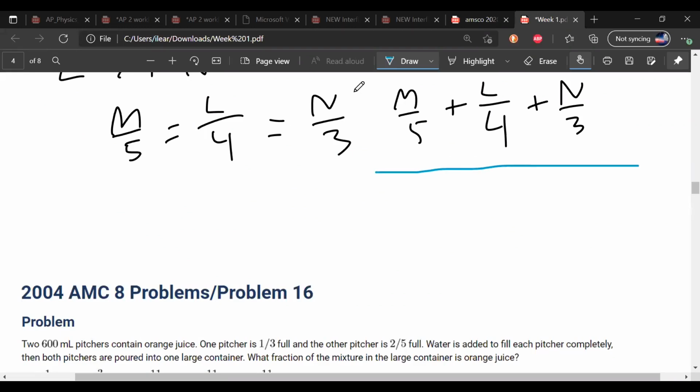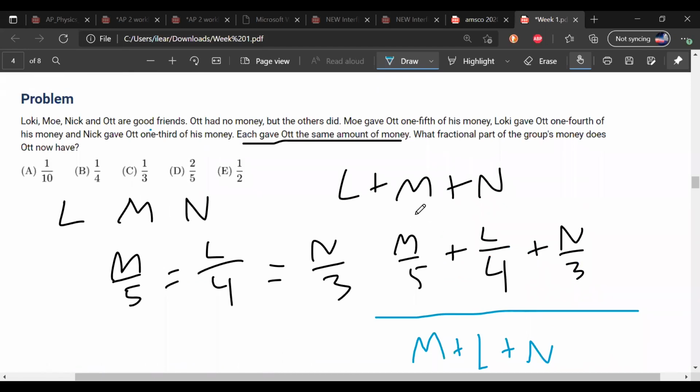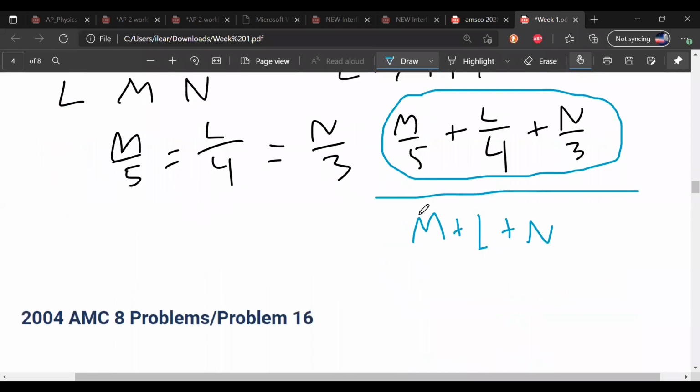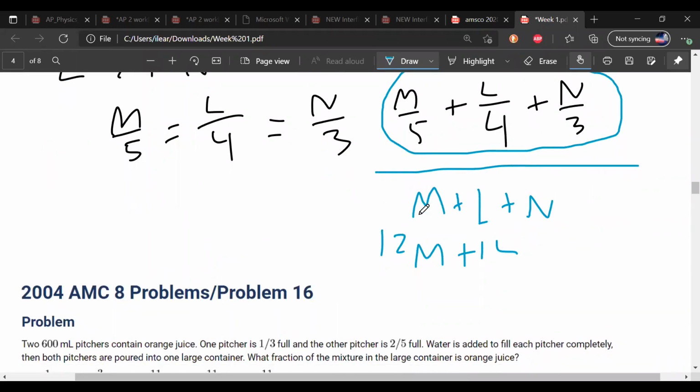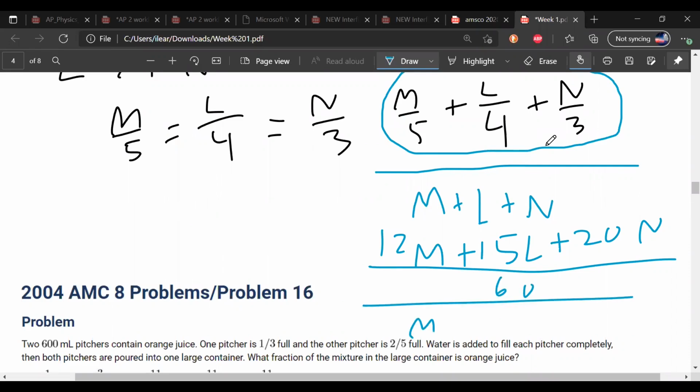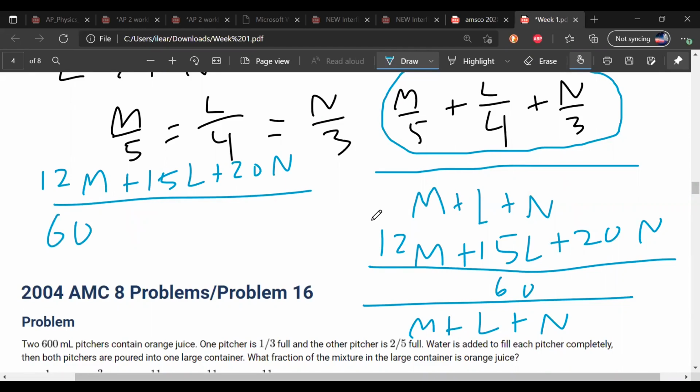So basically we can take this entire thing and divide by M plus L plus N. If we look at the numerator, it will sum up to 12M plus 15L plus 20N, and 5 times 4 times 3 is 60, over M plus L plus N. So this will give us 12M plus 15L plus 20N over, in total, 60M plus 60L plus 60N.